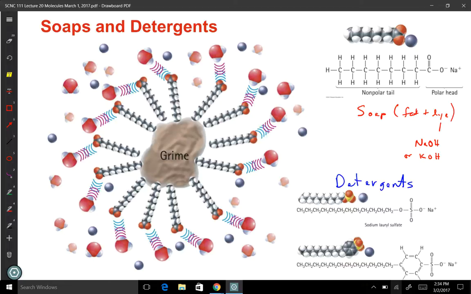So essentially the soap connects water to the grime so that it then will have the grime flow out with the water. And so that's how the soap allows you to clean your clothes. It lifts the grime out and carries it away with the water.